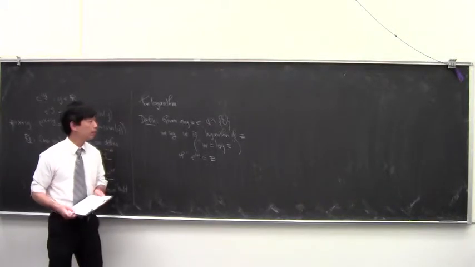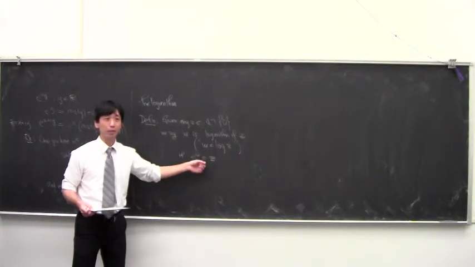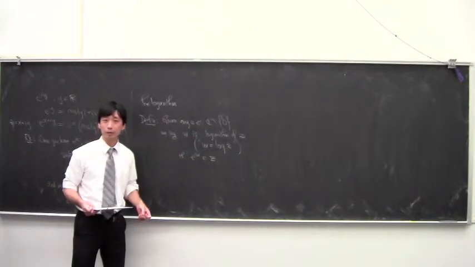So it's any number for which e to the w equals z. We call that thing a logarithm.